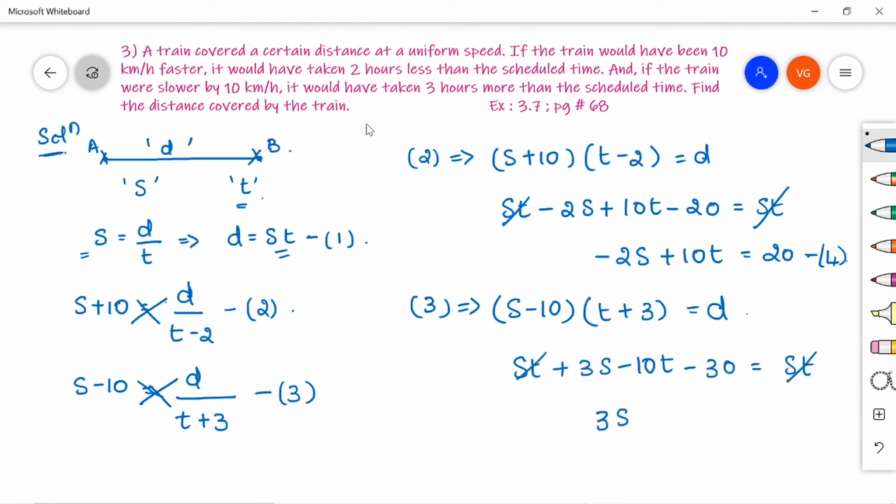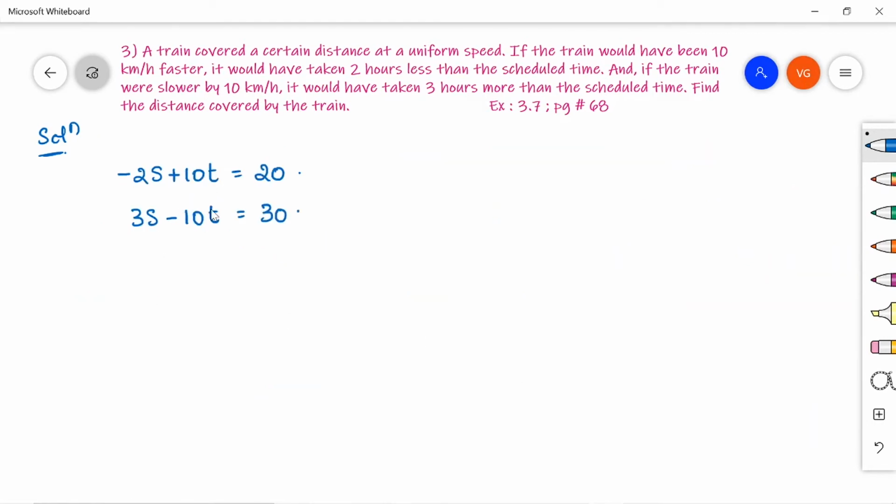So 3s minus 10t is equal to 30, right? So let us say this is equation number 5. Now see, equation number 4 and 5 are our required linear equation pair.